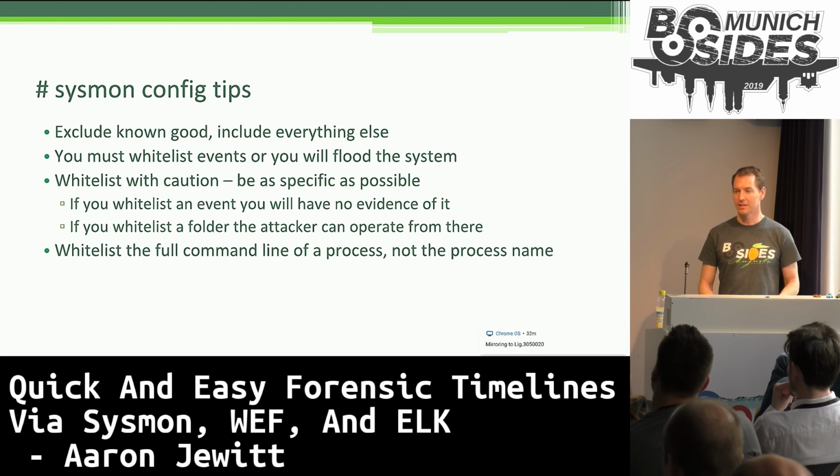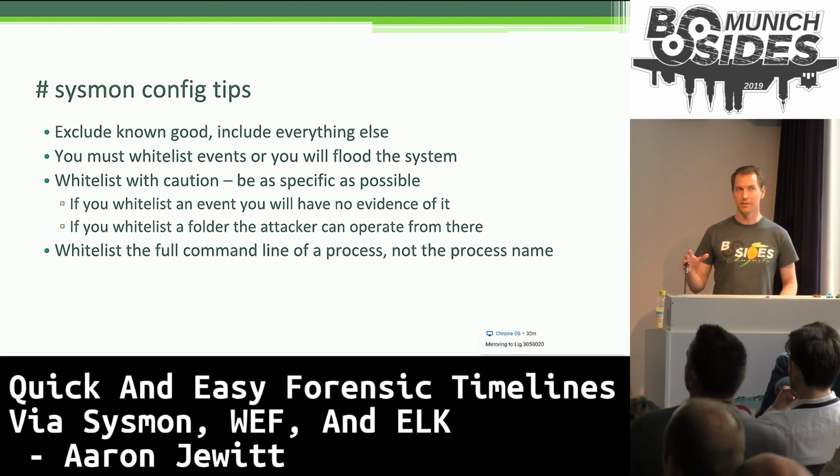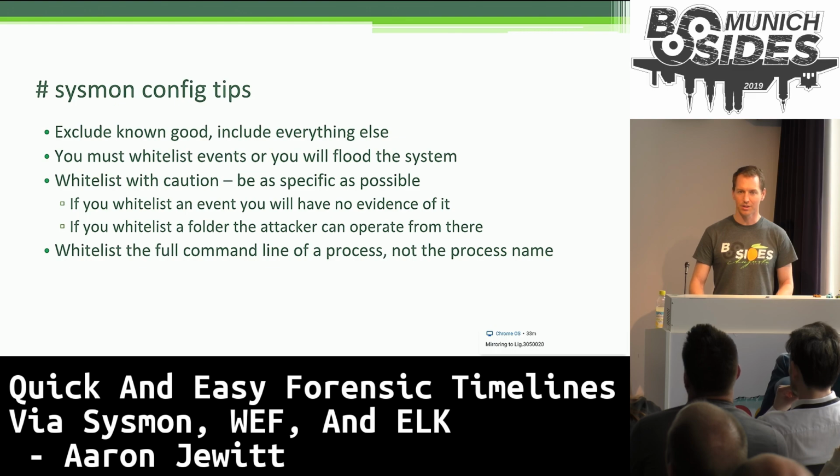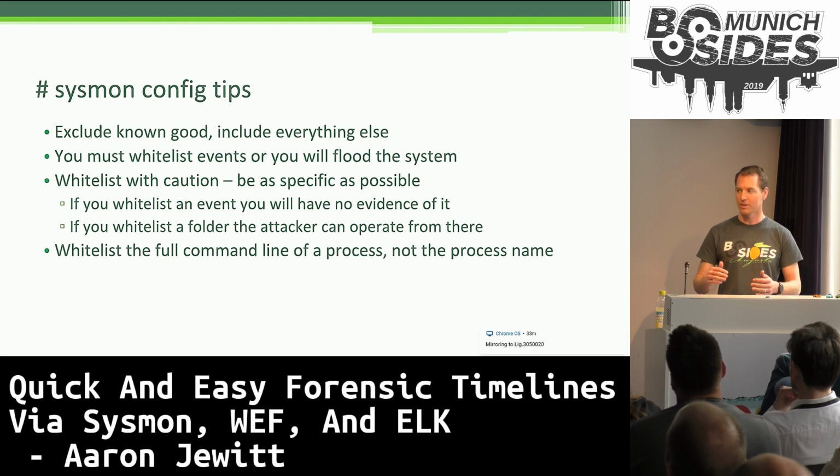So here's some config tips. That top line: exclude the good and include everything else. A lot of people treat it like it's an IDS, like Snort, where they say, I know this is bad, so show me this. That's the wrong way to go, because then the attackers will say, oh, this is all you're looking for, I'm going to do something else.